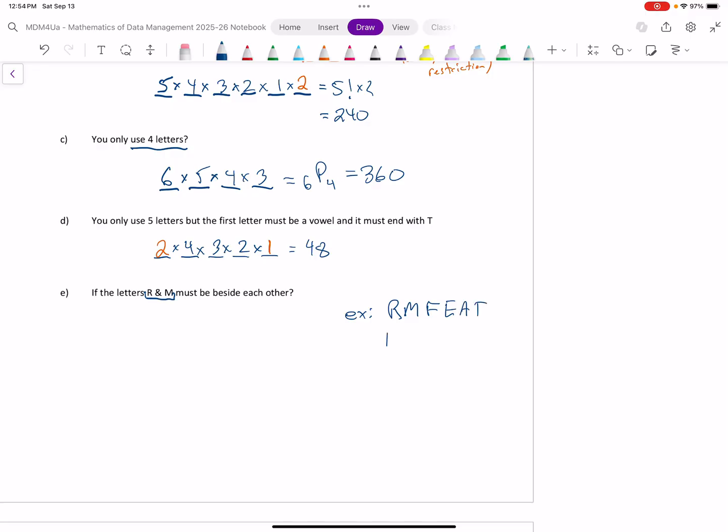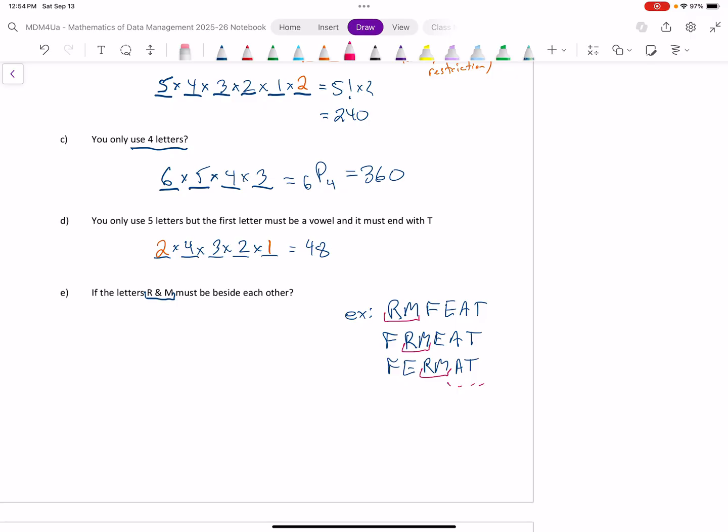Or you could have F, R, M, F, E, A, T, there's 6. Or another one, just to really be clear here, the E. But what I want you to see is that the R and the M are always moving together. This, this, this. And so it's always moving together like that.